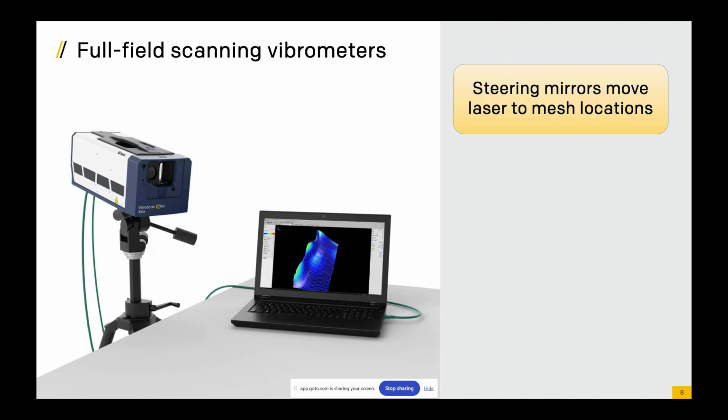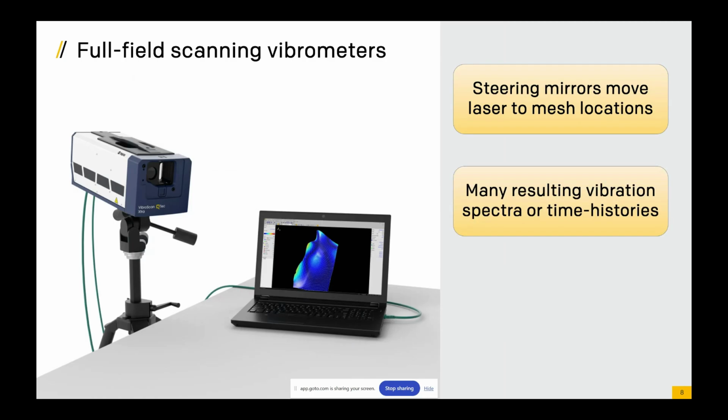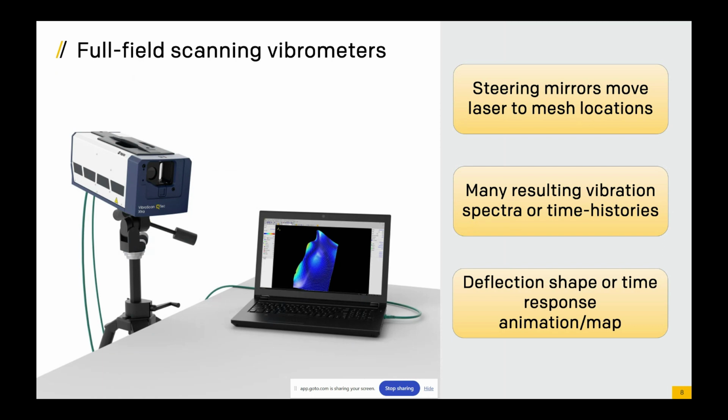So the steering mirrors move between all of the predefined nodes in the mesh that we created in the software to all the desired locations, and we get one time domain history or spectrum per mesh point. And then as a result, we get the deflection shape or time domain response.